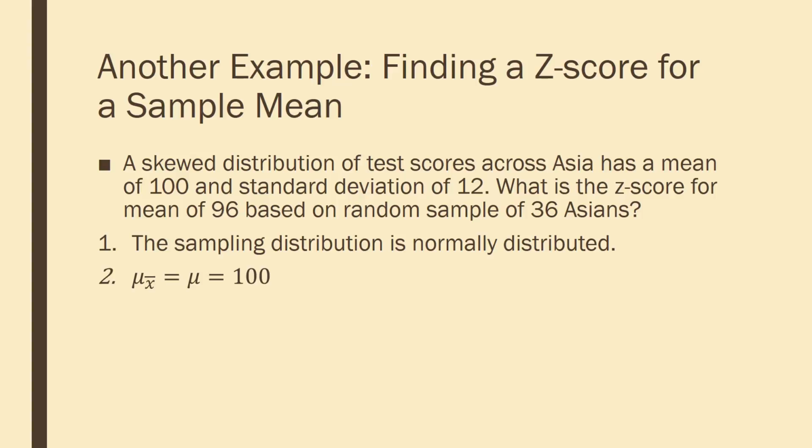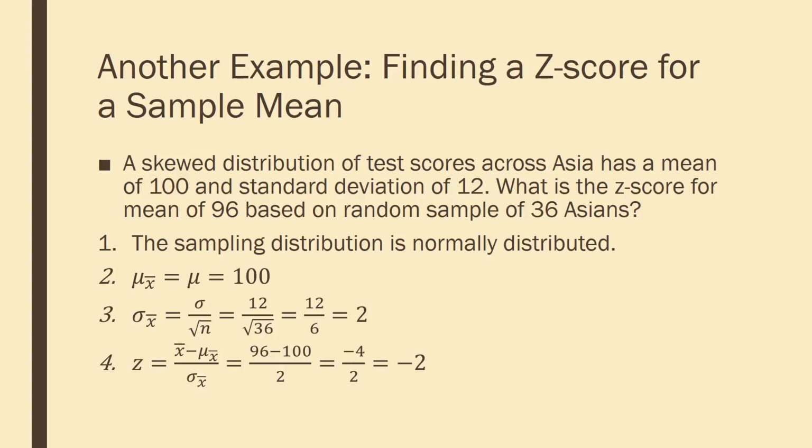And then we have a mean of the sample means of 100, and we found that our standard error would be 2. So we're going to use the z formula. We're going to fill in first our sample mean of 96, and this 96 was based on our 36 Asians in our sample.